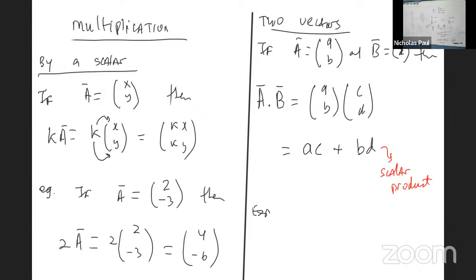Quick example. Try this a minute. A by B. Tell me what you get.